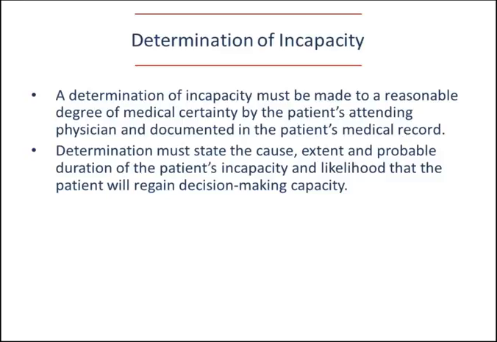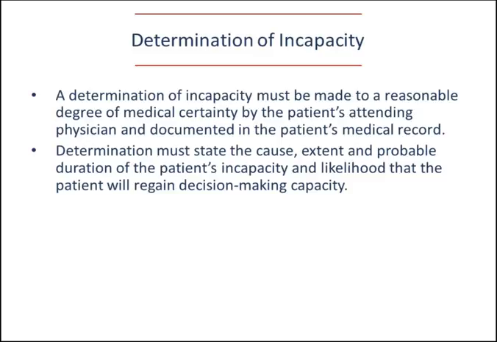A determination of capacity must be made by the patient's attending physician. The standard is that it must be made to a reasonable degree of medical certainty, again by the patient's attending physician and documented in the patient's medical record. The determination must state the cause, extent, and probable duration of the patient's incapacity, and the likelihood that the patient might regain capacity.